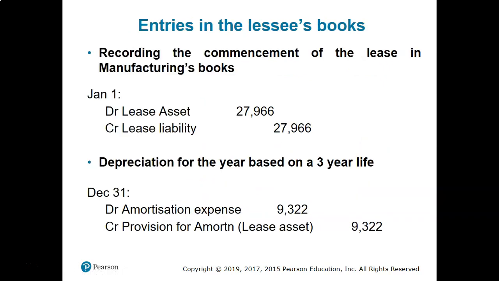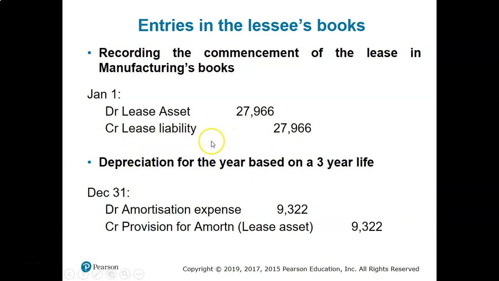So the journal entries in the books of accounts of the lessee, how will you record it? As we mentioned before, firstly, the whole amount you should recognize as your liability, and the lease asset should be recognized in the books of account as your asset. So it is recognized as a lease asset, debit, asset debit when it increases. You are getting an asset as lease, so you have to recognize the asset in your books of account, asset debit, and lease liability.